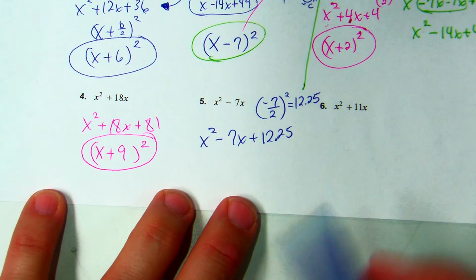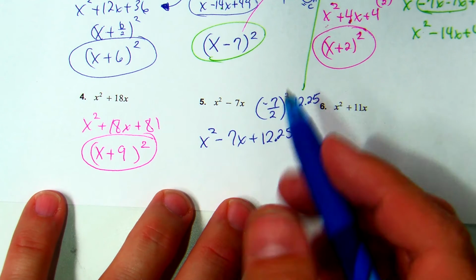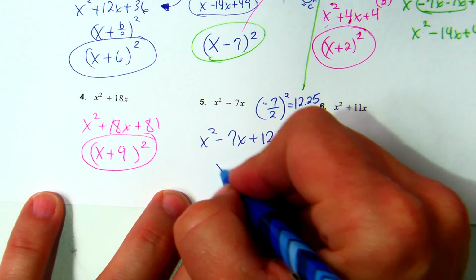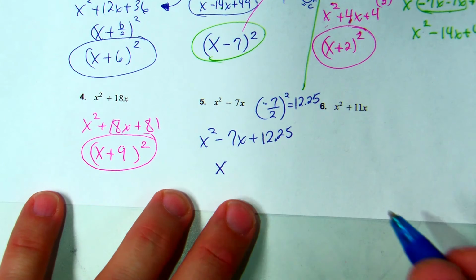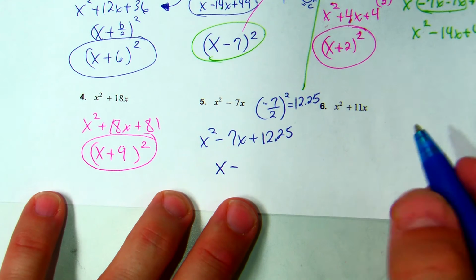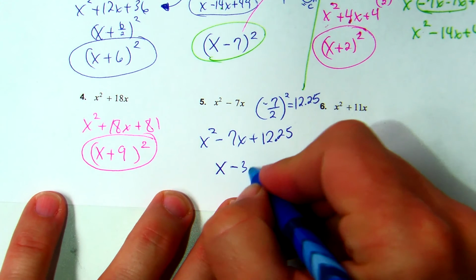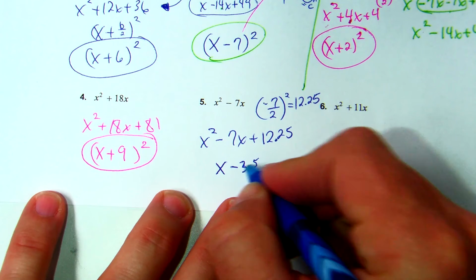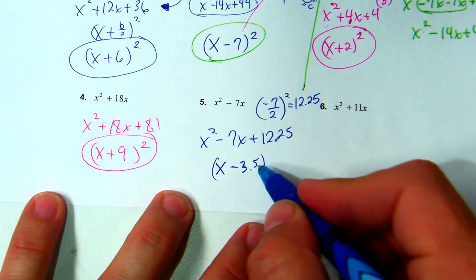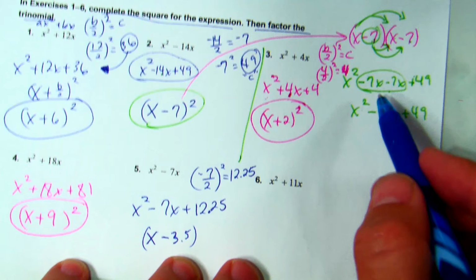And this is a perfect square. I know it's got decimals, but this is a perfect square. What is it? X, is it plus or minus? Minus, and what is it minusing? 3.5. Yeah, 3.5. Because 3.5 times 2 gives me that middle term, just like we talked about up here.